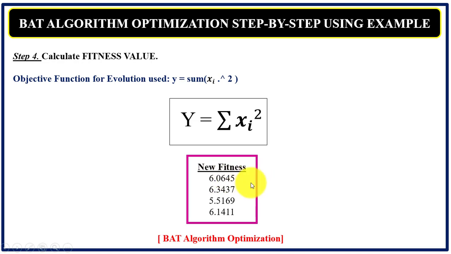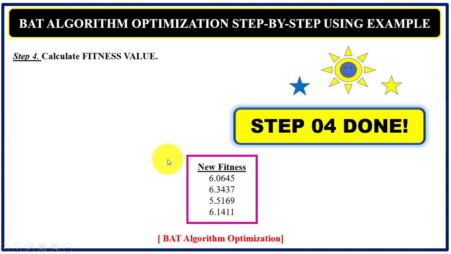So we computed the new fitness value for the first bat, for the second bat, for the third bat and for the fourth bat. Here you can see the code that you can write in MATLAB. Here we will put x1, x2, x3, x4 and like that you can update the fitness for each bat. Done. It's simple. So step 4 is done.